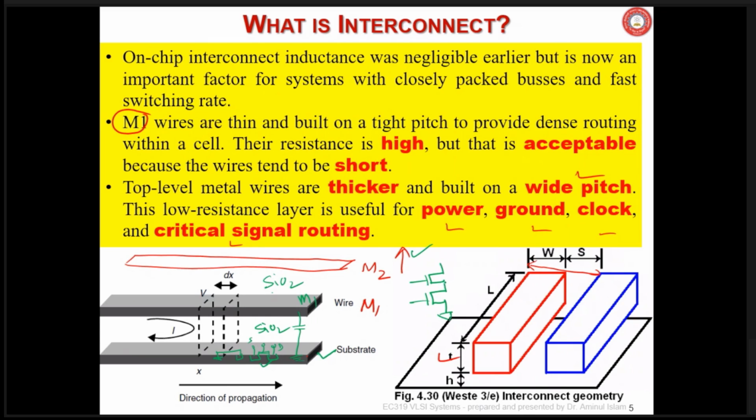Here the source and the drain of these two MOSFETs have to be connected. That may require one small metal wire, or the output of one node may need to be connected to another by another metal layer. So various metal layers are required.